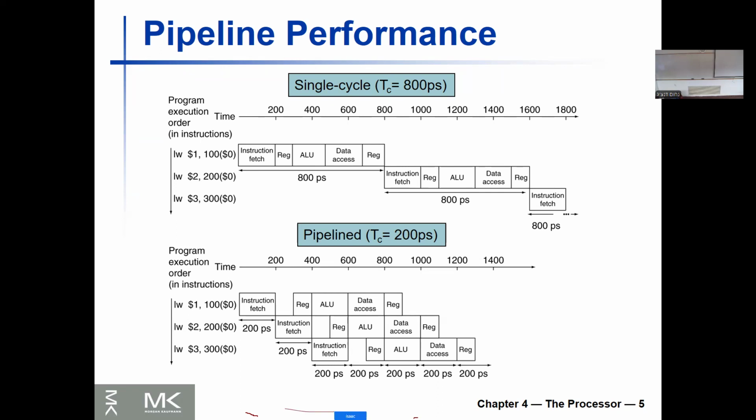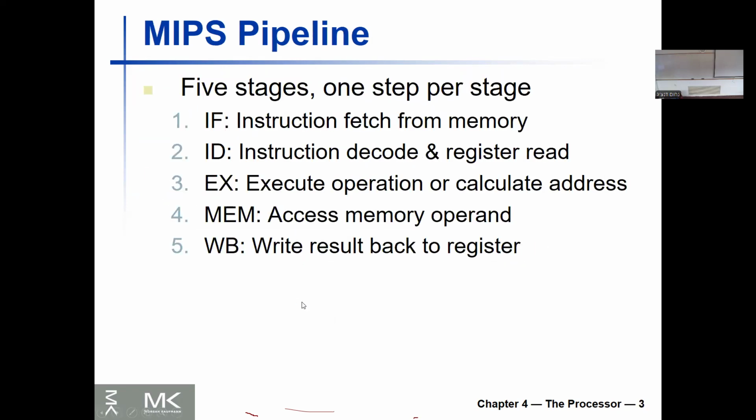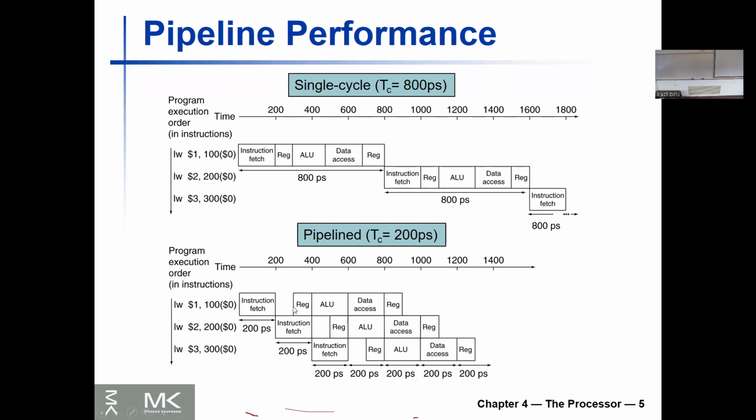This is our goal. Our goal is to have a situation like this where we start this command off. Now, while the instruction fetch of the second command is going, the instruction decode, the ID, is happening for the first command. While the first one is doing the ALU, the second one is doing the instruction decode, and the third is doing instruction fetch.